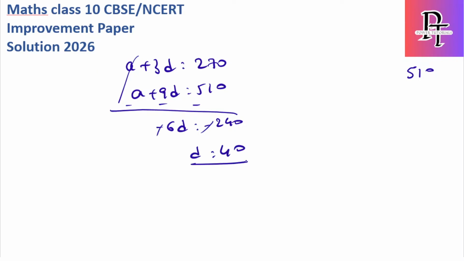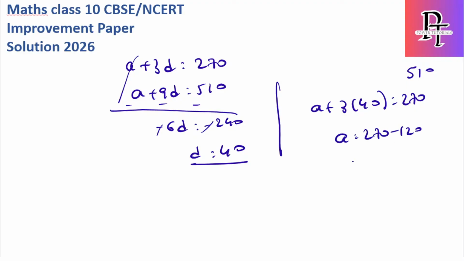If D is 40, what about the A value? A plus 3 into 40 is equal to 270. So you'll get the A value as 270 minus 120. So the A value is 150. So I got A is equal to 150 and D is equal to 40.